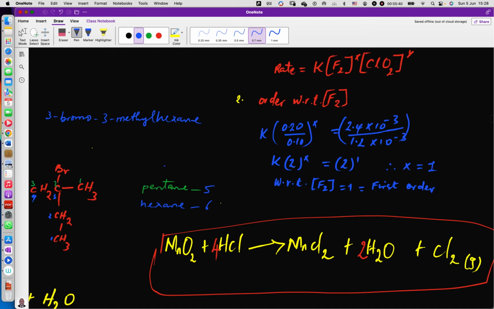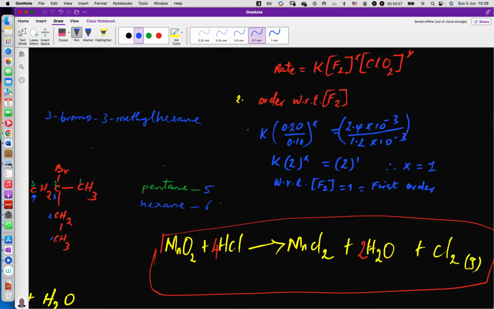If this has 2 to the x and this is 2 to the 1, x equals 1. And if the order of a reaction is 1, we call it a first order.